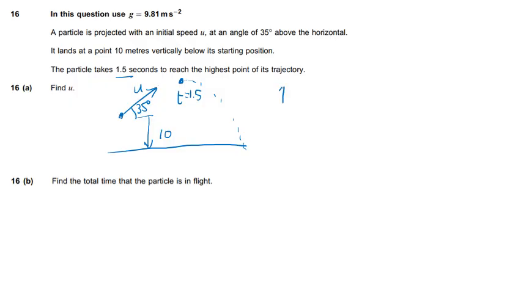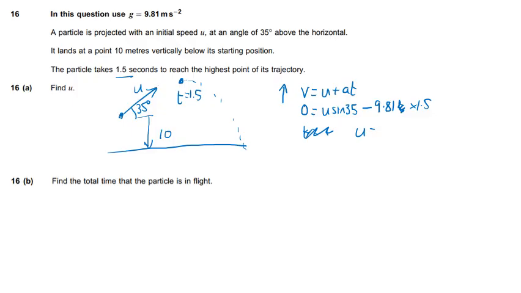Well, let's just look vertically. So we'll take upwards as positive, and we know at the top of its flight its vertical component is 0. So we can use this. We can say that 0 is equal to u sine 35 minus 9.81, because acceleration is in the opposite direction, down, times t, where t is 1.5.